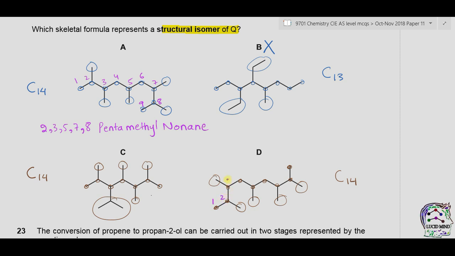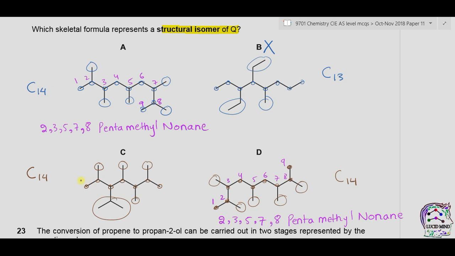This is the first, second, third, fourth, fifth, sixth, seventh, eighth, 9 carbon atoms. Again we have substituents on second, third, fifth, seventh, eighth. In total we have 5 methyl groups, so it is pentamethyl, and 9 carbon atoms in the long chain, so it is nonane. So we can say that A and D are actually the same compound.